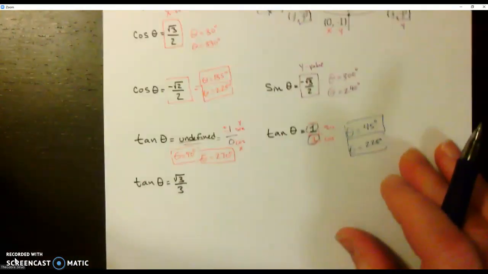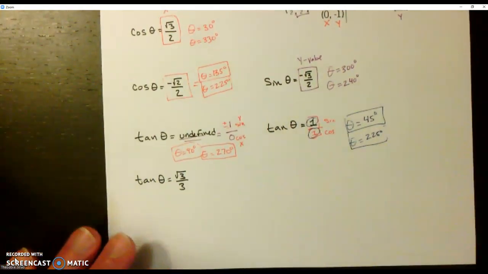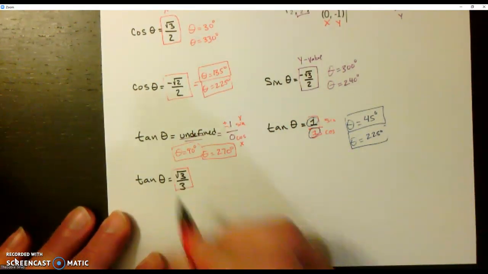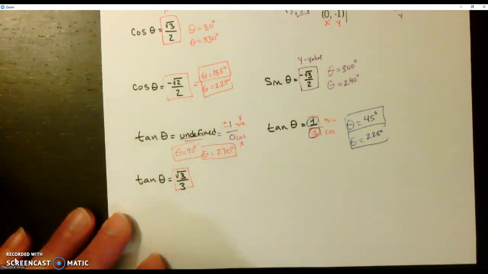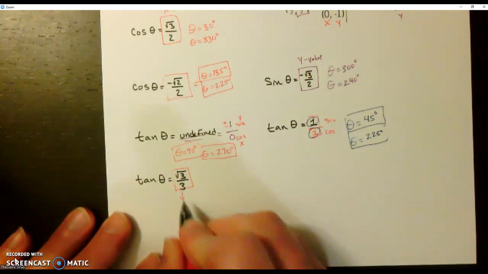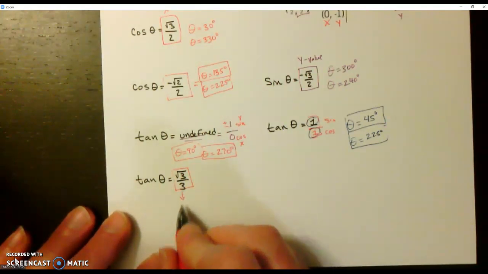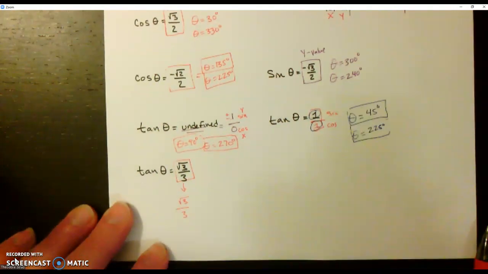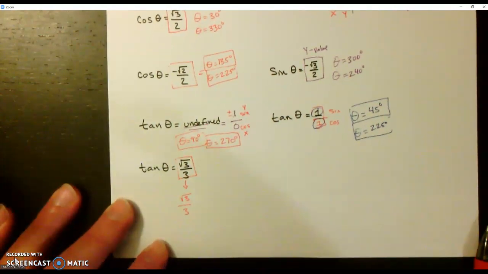All right, last one here, and this one's a little bit tricky. Square root 3 over 3 is actually something we need to rewrite, and we're going to unreduce a radical here by using a little property from pre-calculus or from geometry.